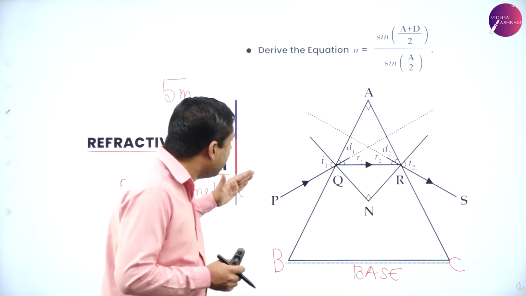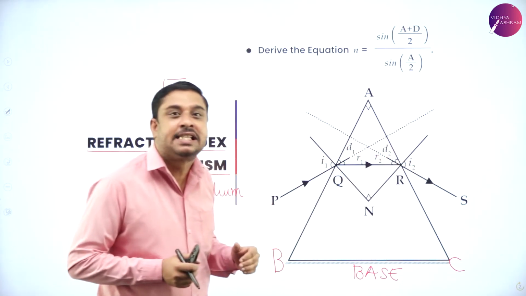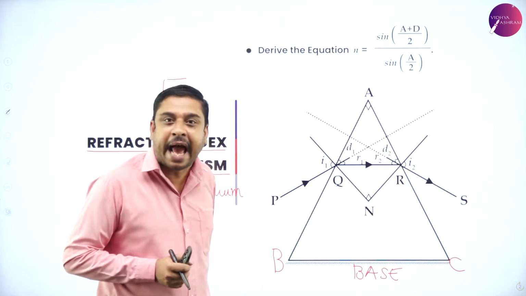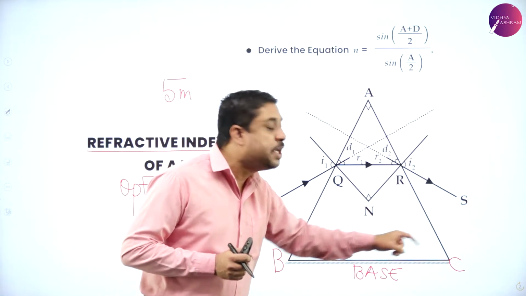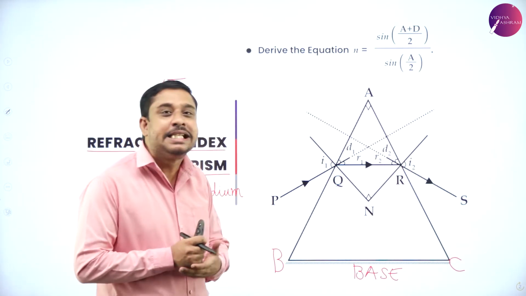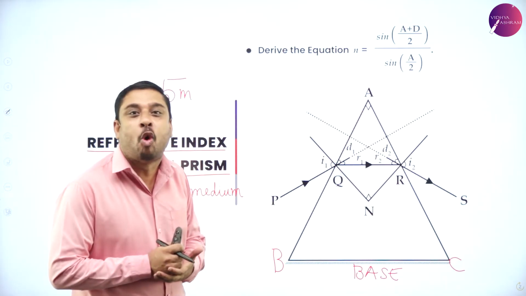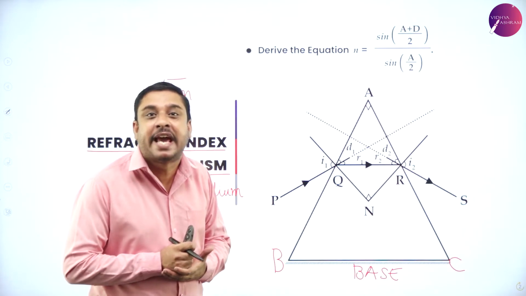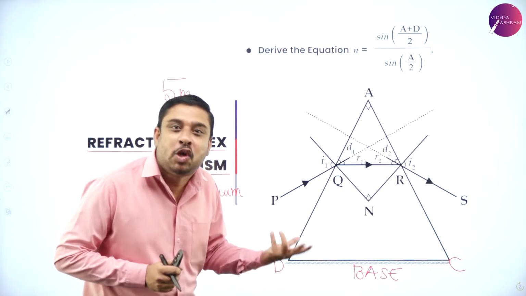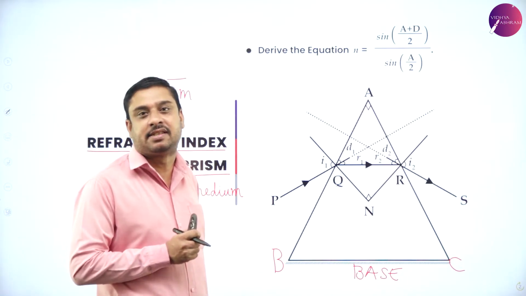Meaning to say, when light falls on these faces, there is refraction. Refraction cannot happen through the base. But when light is incident on AB or AC, the so-called refracting faces, bending happens. That is why they are exclusively called refracting faces.